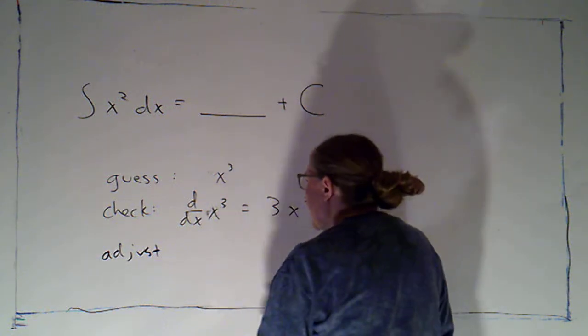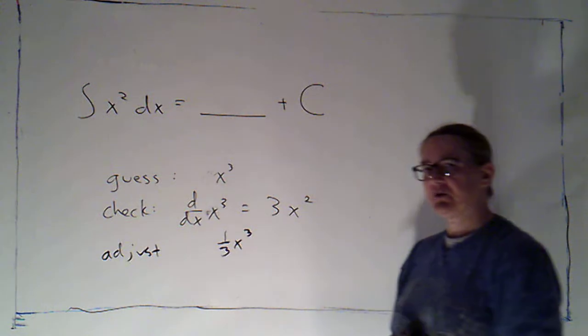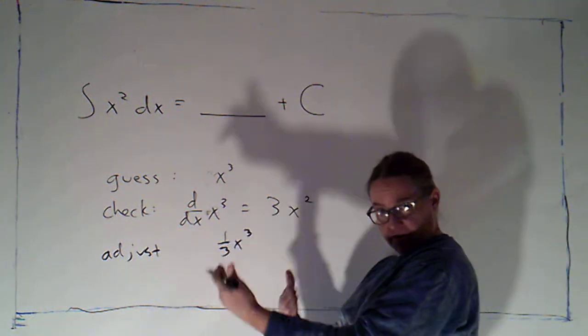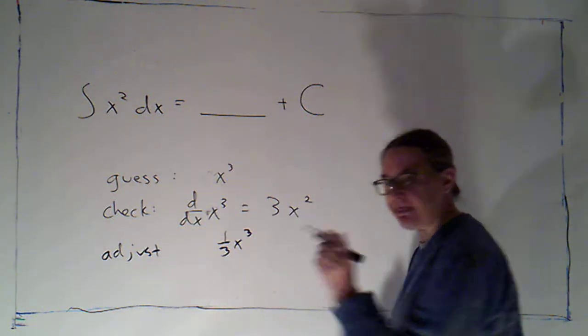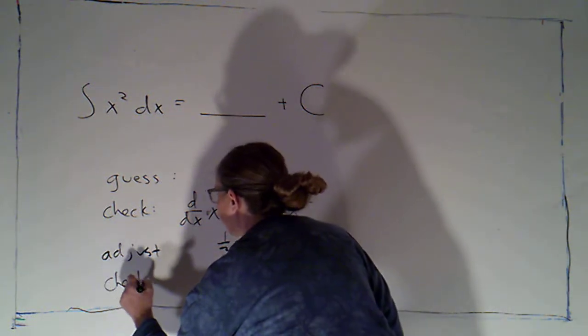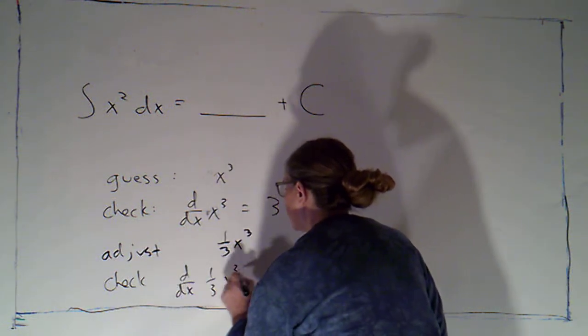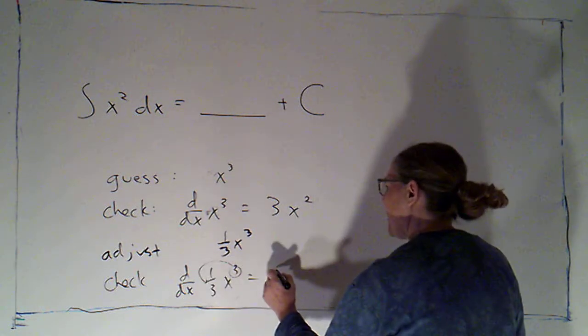So I'm going to try instead 1/3 x cubed. Because that way, I'm going to have this 1/3 by the constant multiple rule. It'll be hanging out. It's going to cancel with that 3. So let's check that. If I take the derivative of 1/3 x cubed, when I bring that 3 down, it cancels with the 1/3.